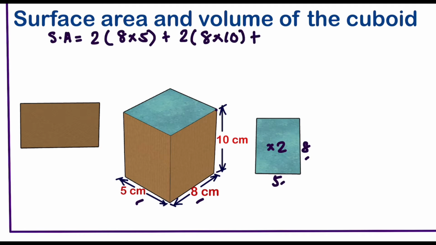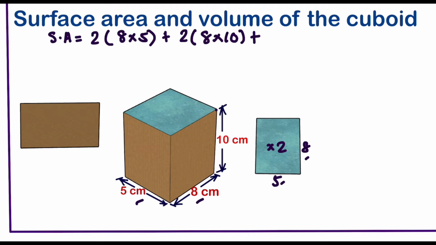Next we are left with this rectangle at the side, which is 10 and 5. This rectangle here is the same as the one behind, so we have 10 and 5 times 2.